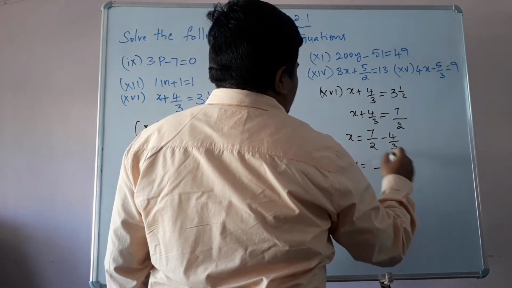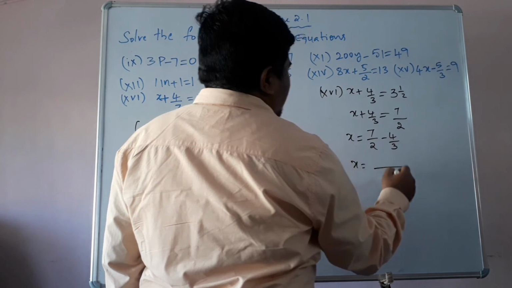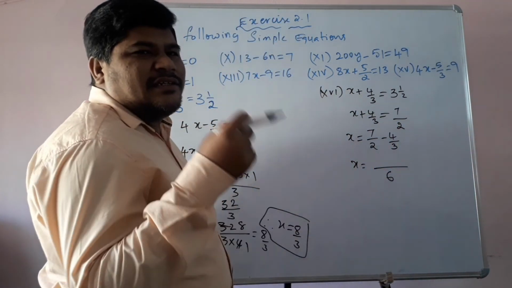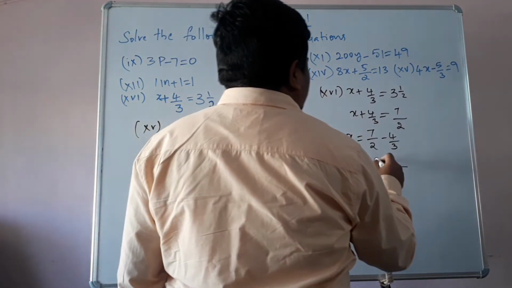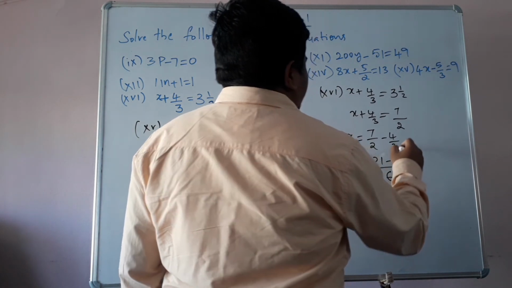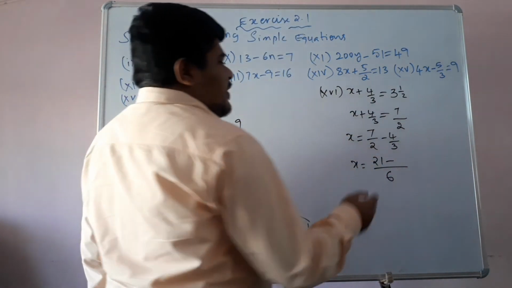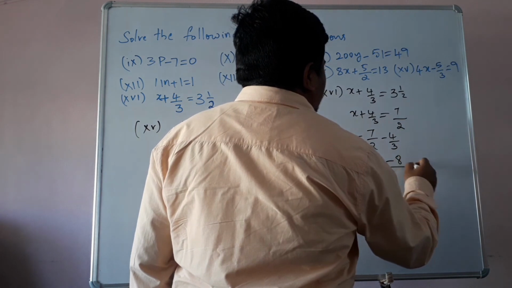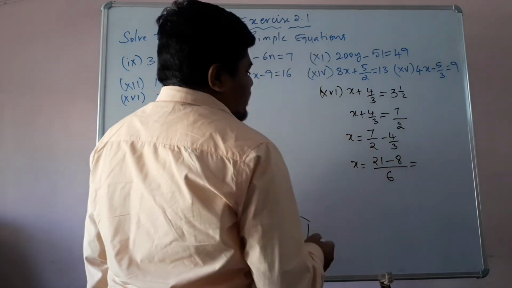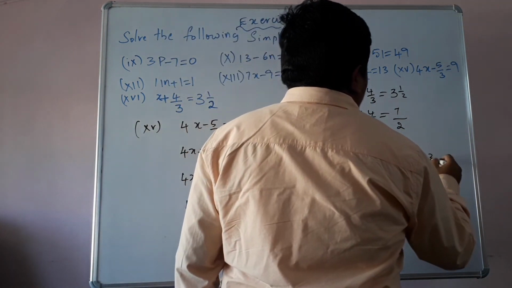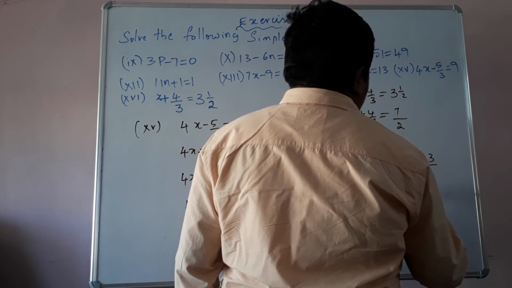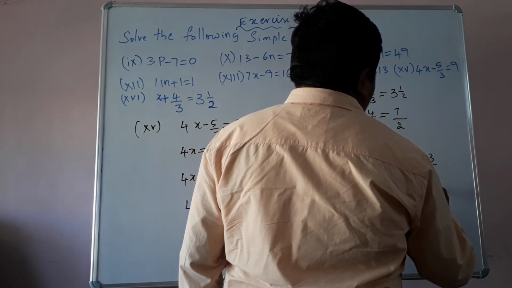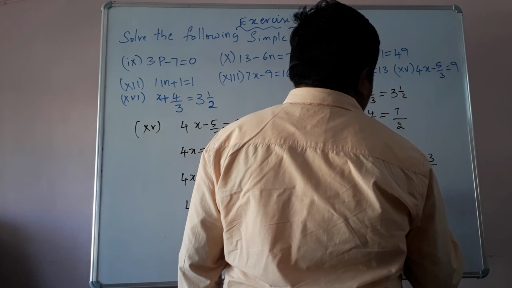So x is equal to, LCM of 2 and 3 is 6, children. 2 3s are 6. 3 into numerator 7, 3 7s are 21. Minus 3 2s are 6. 2 into numerator 4, 2 4s are 8. 21 minus 8 value, children, 13. So 13 by 6. Therefore, the solution of the equation is x is equal to 13 by 6.